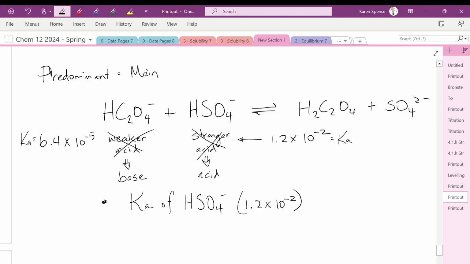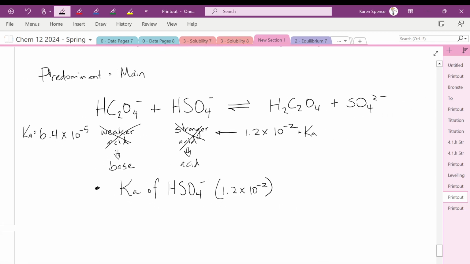Ka of HSO4, and there it is. And Ka is greater than. Let's just get right to the point. Is greater than what? Ka of HC2O4 minus, and that is 6.4 times 10 to the minus 5. Therefore, what can you conclude from that?